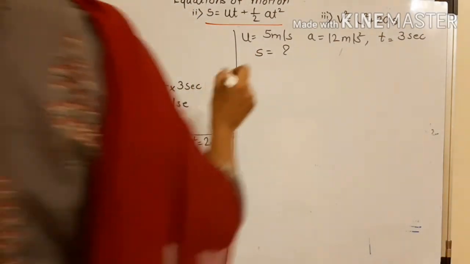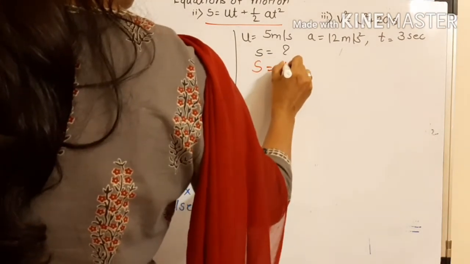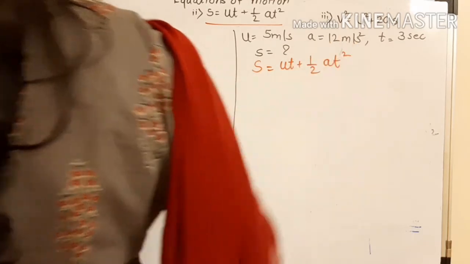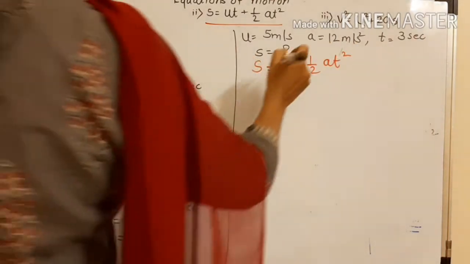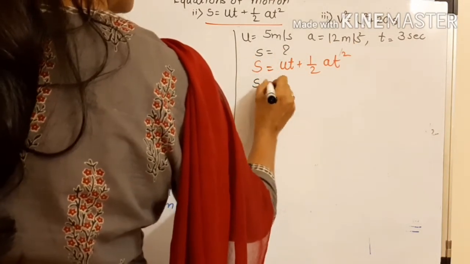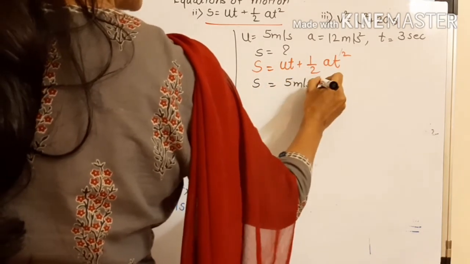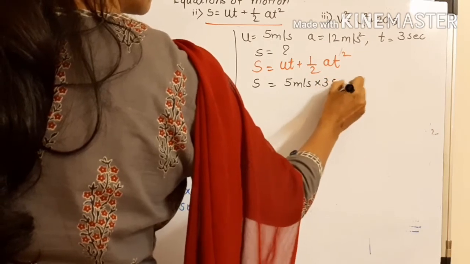So write the formula. s is equal to ut plus 1/2 at square. Now substitute the values. s, you have to find, as it is. u is 5 meter per second. Time t is 3 seconds.